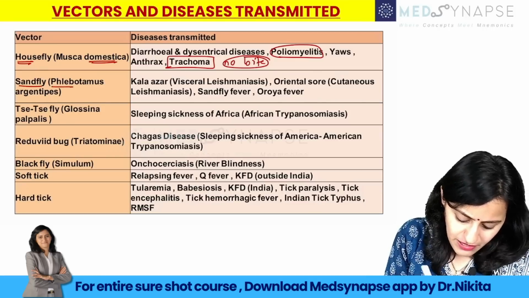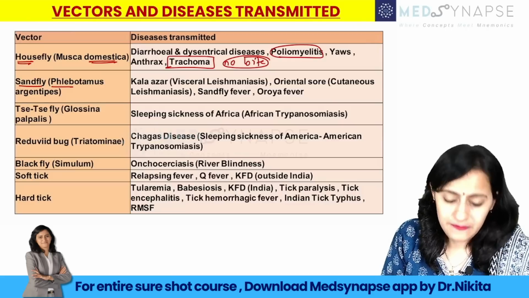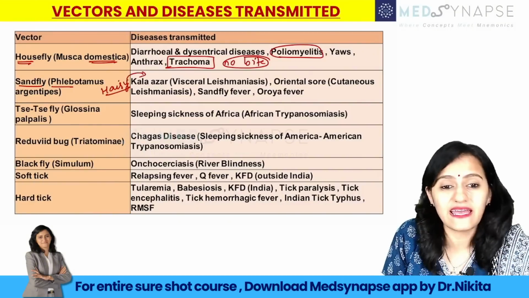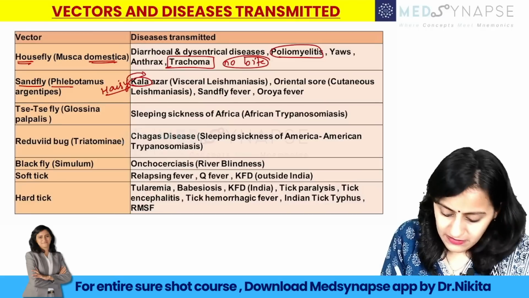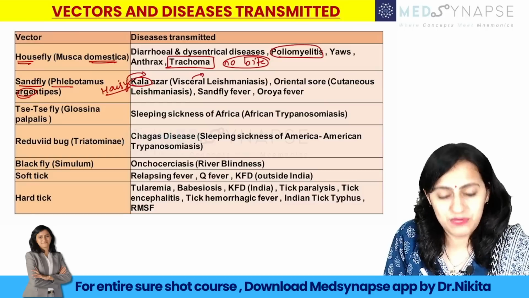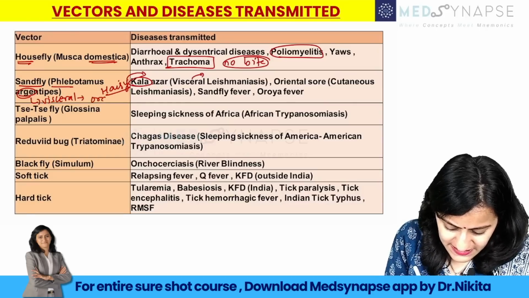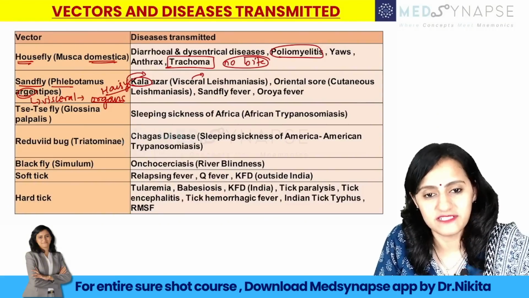Sandfly is Phlebotomus, and when you look at the image as well, sandfly is identified by that hairy appearance. Remember hair, kala hair, black hair, it is Kala-azar. The visceral leishmaniasis is by Phlebotomus argentipes. So remember that argentipes is like organs, affecting the viscera.